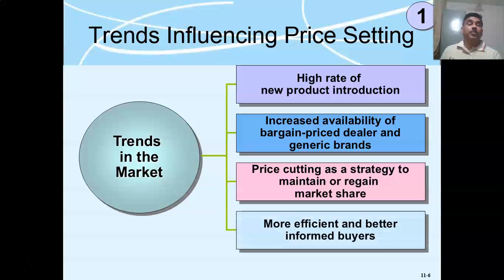The last one is more efficient and better informed buyers. When the buyers are more efficient and more informed, at that time also you're not in a position to charge much from them, right? So these are the factors that influence the trends of price setting.